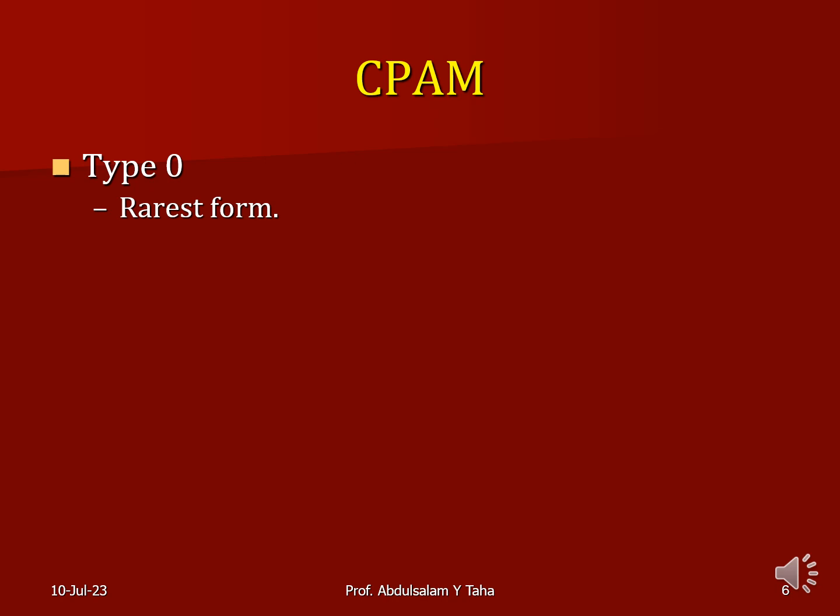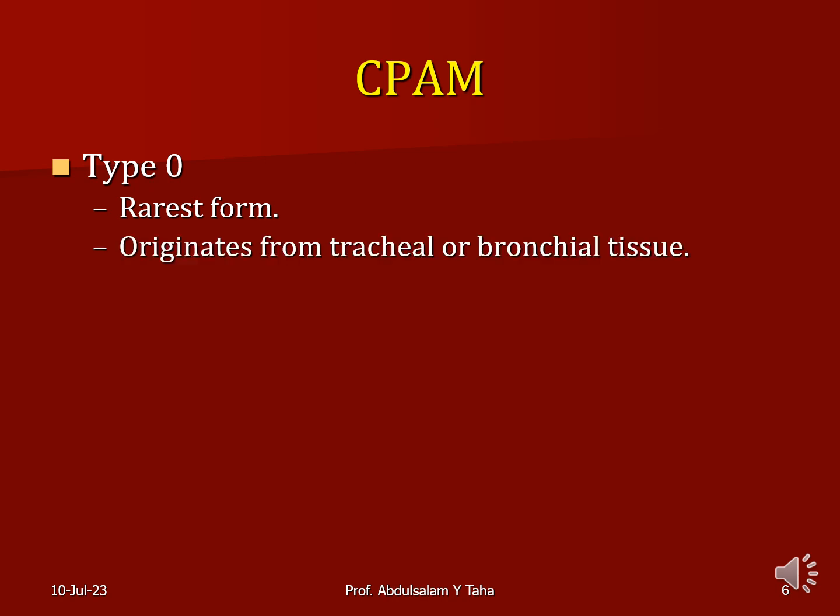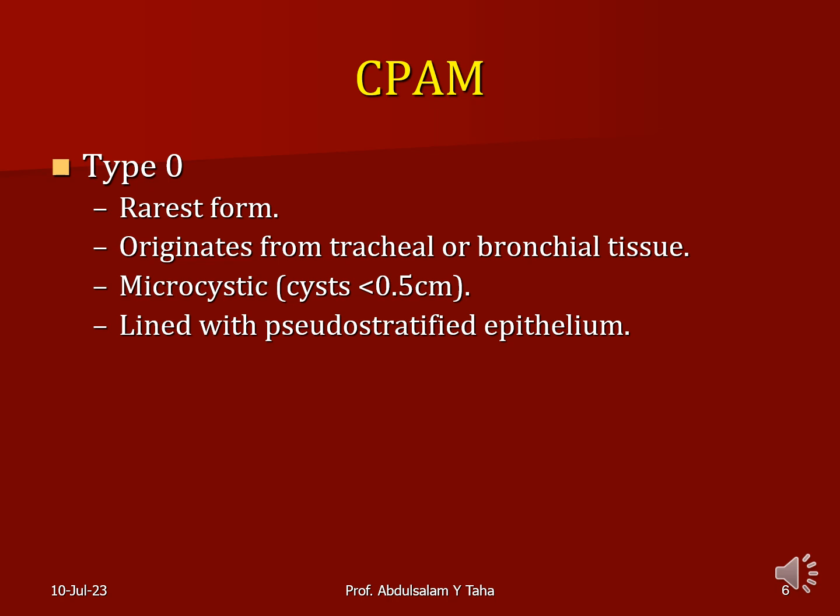Type 0 is the rarest form of CPAM, originates from the tracheal or bronchial tissue, as we said, and consists of microcysts, cysts whose size is less than 0.5 centimeter, lined with pseudo-stratified epithelium.